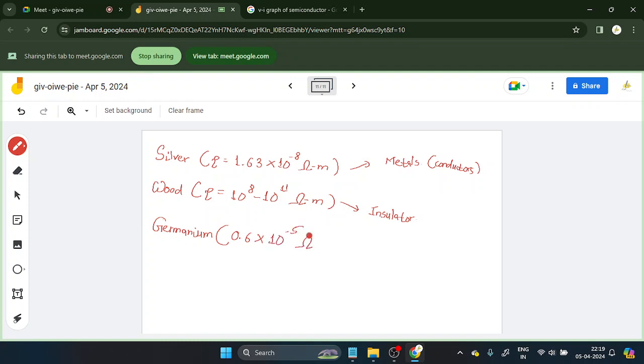See, silver has very little, 10 to the power minus 8. Wood has very high, 10 to the power 11. Germanium is in between the insulator and the conductor, so it is a semiconductor. For more examples you can consult your book.